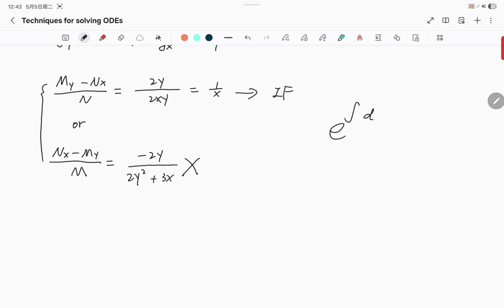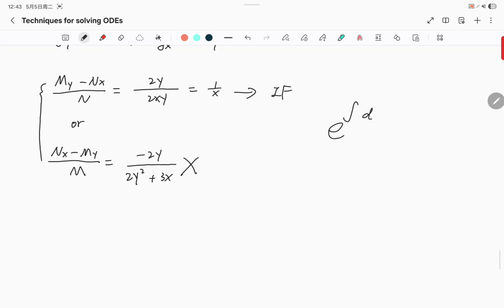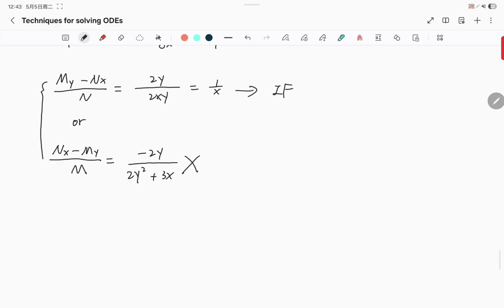Speaking of the integrating factor, e to the power of integrating d something, this d something follows what you have after you got your integrating factor. Here I had 1 over x, so it's going to be dx. If it was something that involves y and y only, then this is going to be dy. In this case, we have dx.